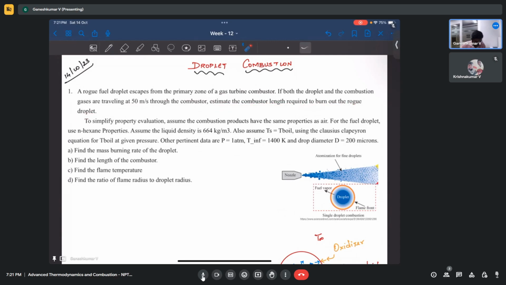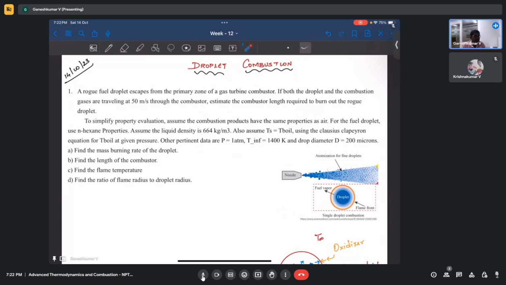So basically, what happened was, in a gas turbine combustor, there is a primary combustion zone and there is a secondary combustion zone. In the primary combustion zone, what we expect is that whatever fuel we spray into the combustor has to evaporate, and either it can react.